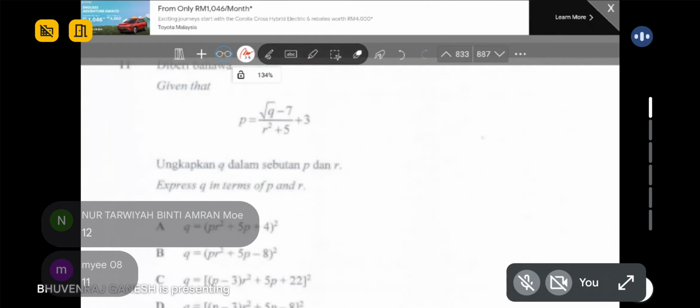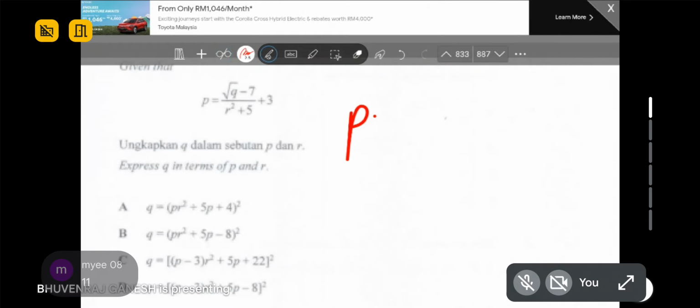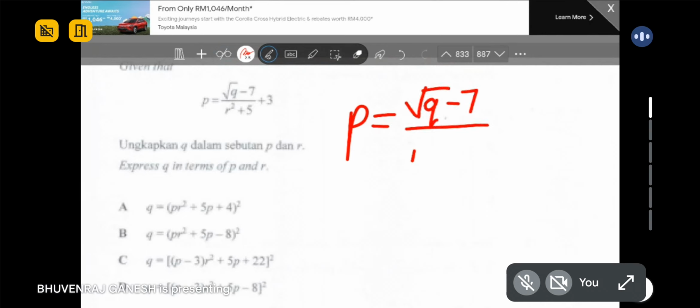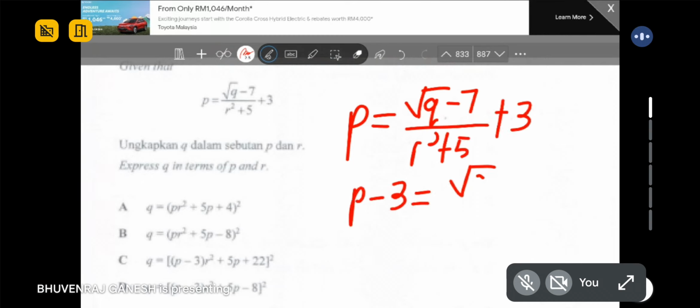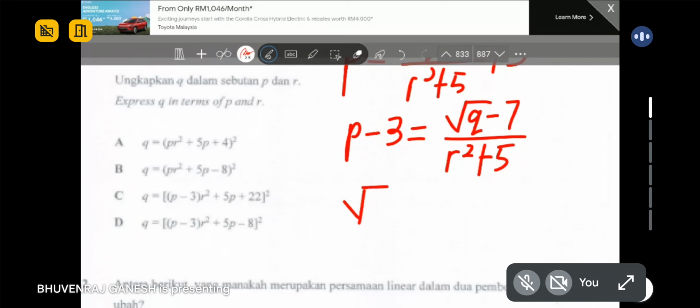12. Okay, dua-dua. Okay, so express Q in term of P and R. So kamu kena susun sajalah. So P minus 3 equal to third Q minus 7 over R square plus 5. So Q in term of P and R. So kamu pindahlah macam ni.